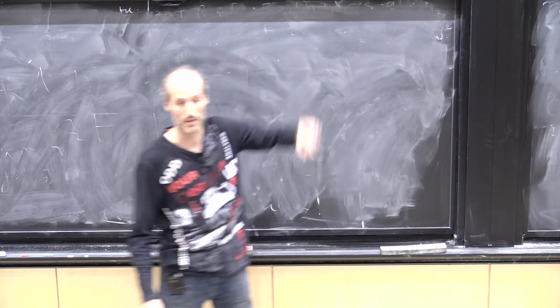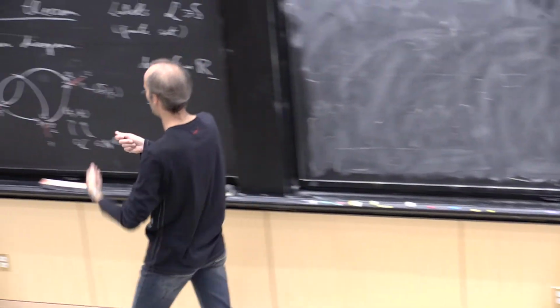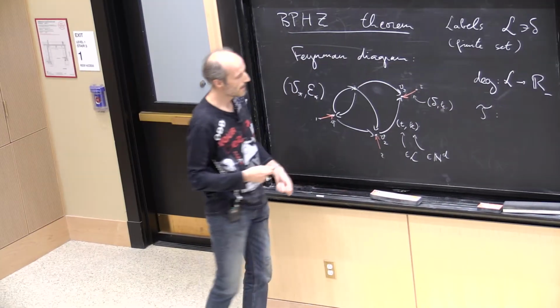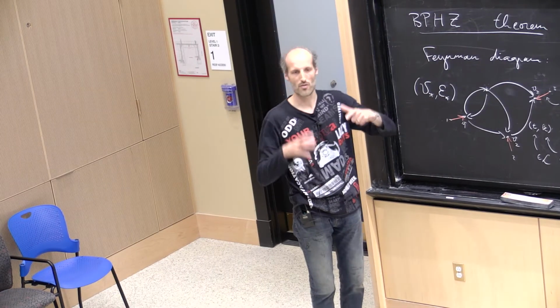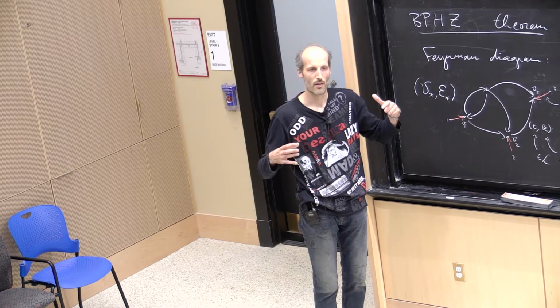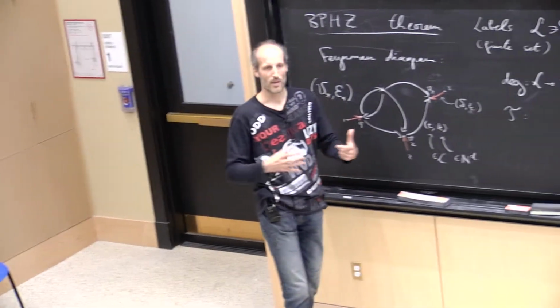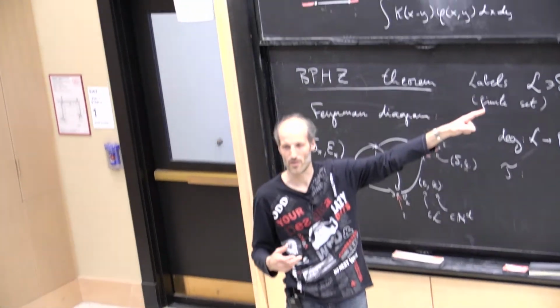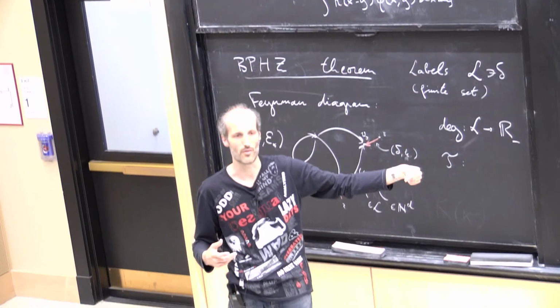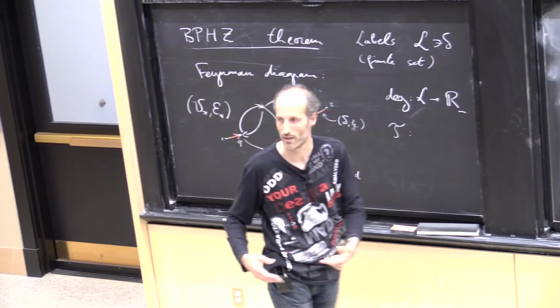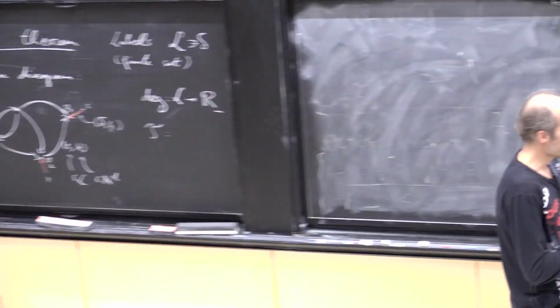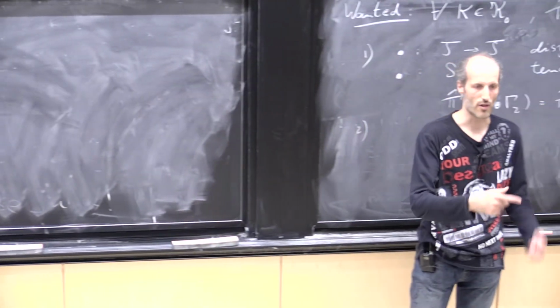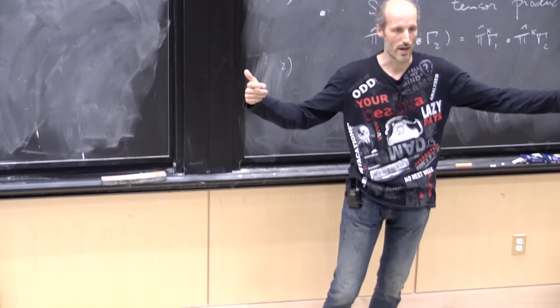And all my kernels were compactly supported. Since they are compactly supported, I'm actually able to test this against test functions that are not themselves compactly supported, because I already have some decay in the kernels. And so I can, for example, test against test functions that are just constant in one of the variables.